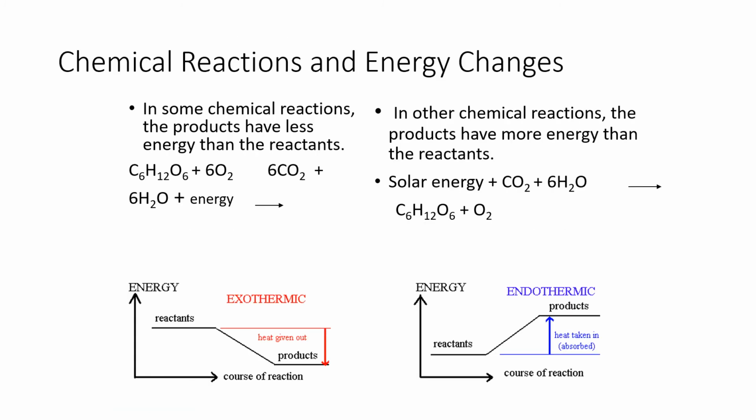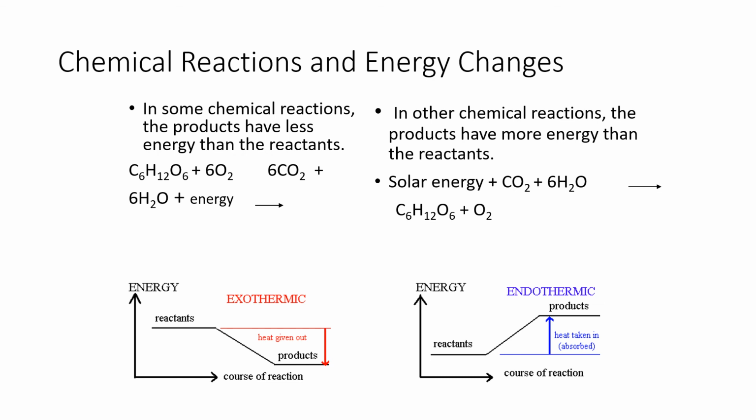So here's a graphical representation of exothermic and endothermic reactions. And if you look at what this reaction is, we can see that one is the reverse, the opposite of the other. Graphically, we can look at this in terms of energy.